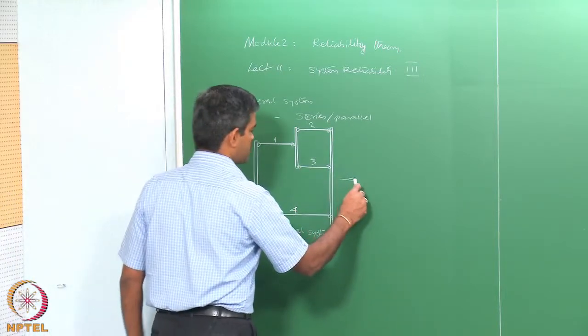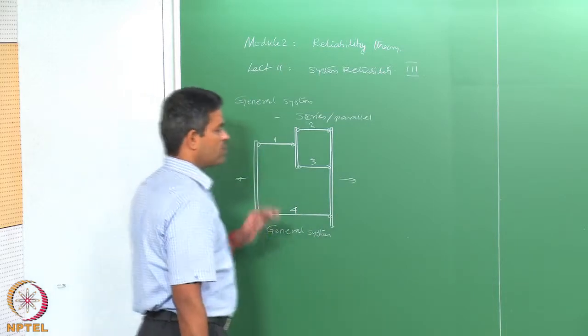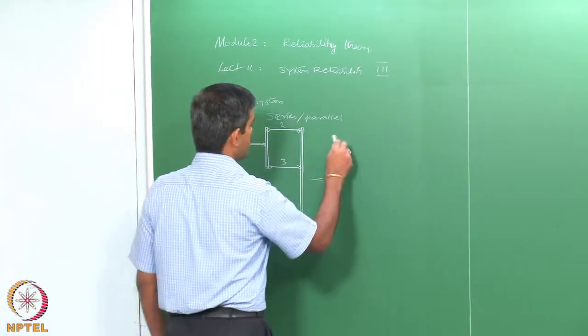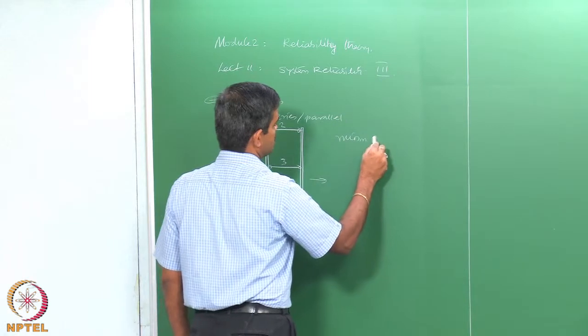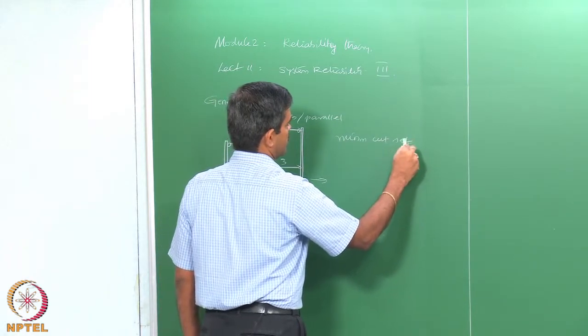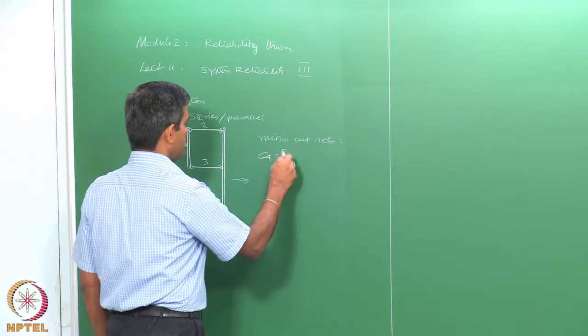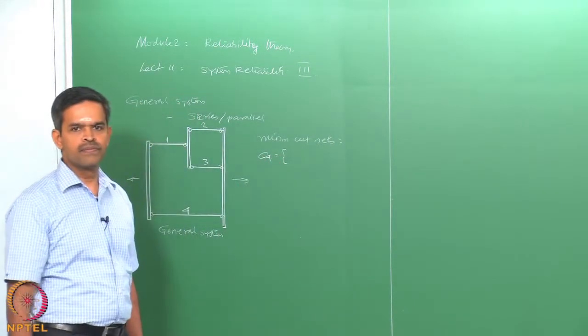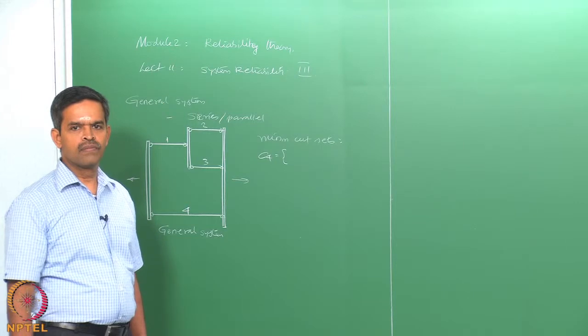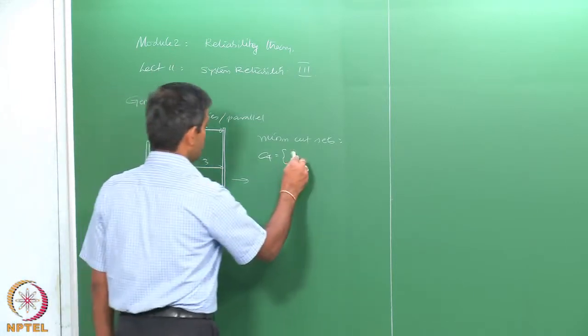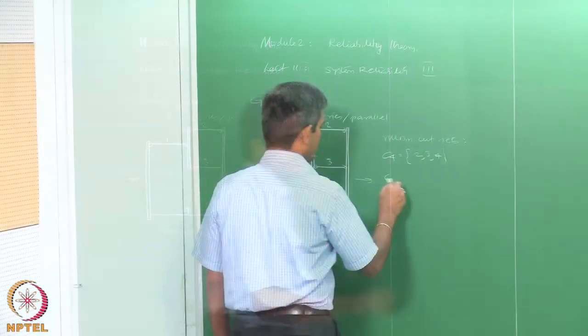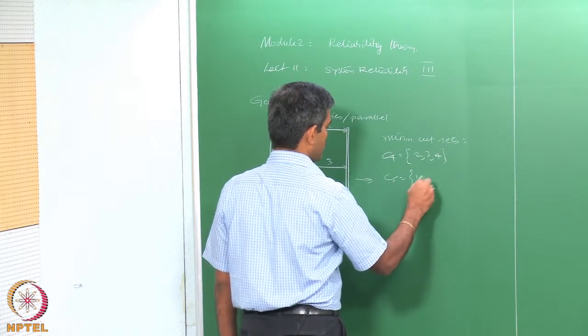For this, of course, it is expandable in either way. For this, we identified the minimum cut sets, which are C4, which comprises 2, 3 and 4, and C1, which comprises 1 and 4.